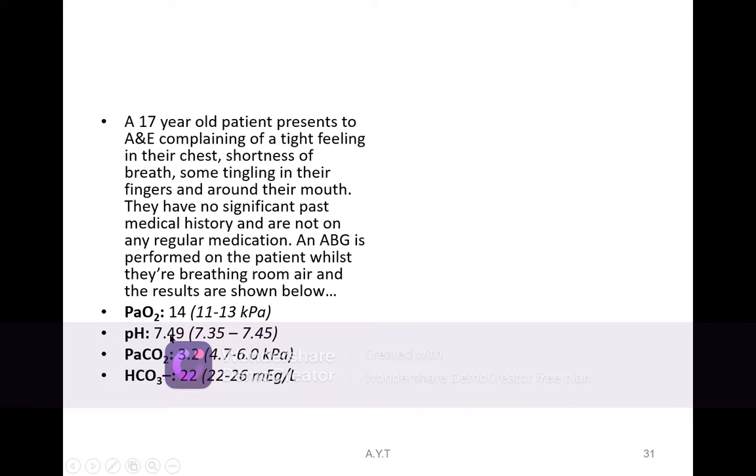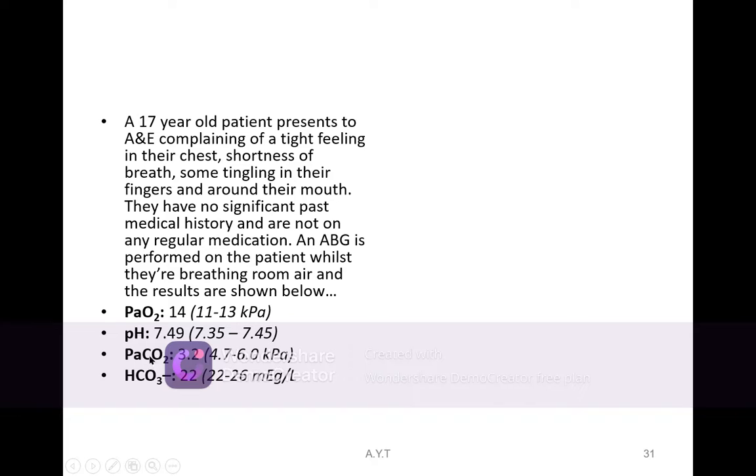pH is 7.49. It is more than 7.45. It means that it is alkalosis. Look at the parameters here. The symptoms are in the chest, shortness of breath.